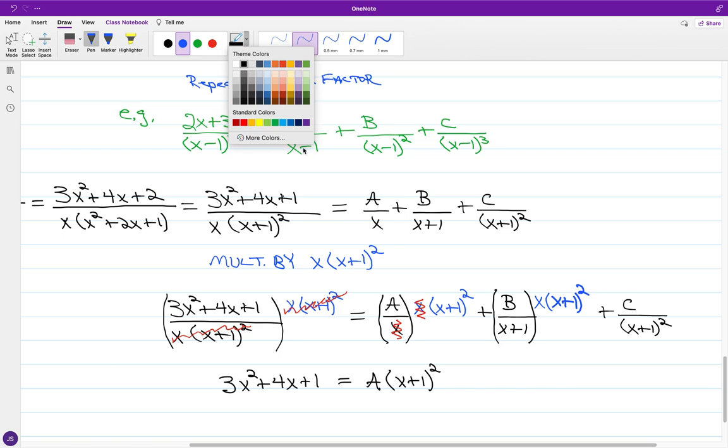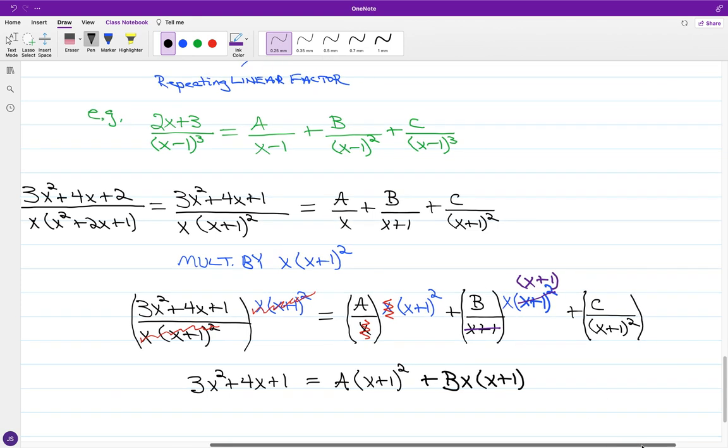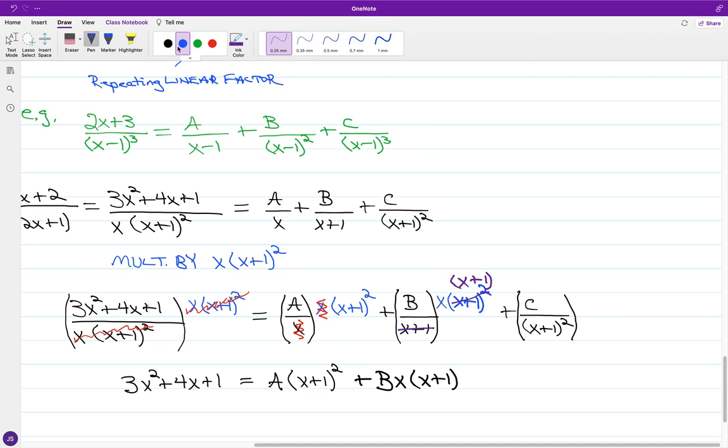So the denominator is going to cancel, but we're still going to have an x plus 1 of first order remaining. So in the case of B, we have B times x times the quantity x plus 1. And then finally for C, over the square of x plus 1.